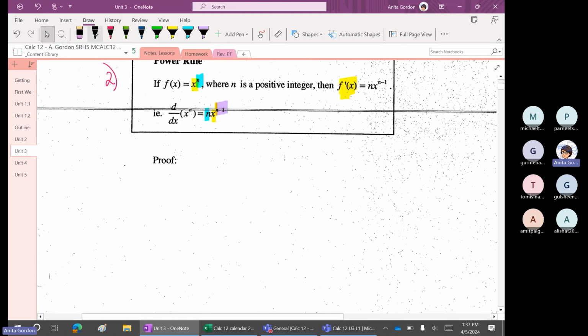Okay, and let's do a really quick example here. Let's assume we have f of x. Oh, I guess I could do the general one. No, I'm going to do a specific example. F of x equals x squared.